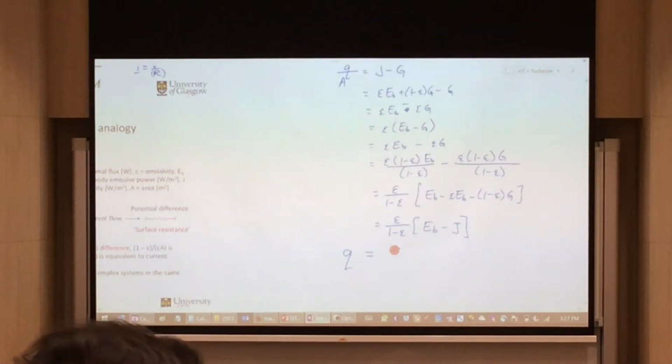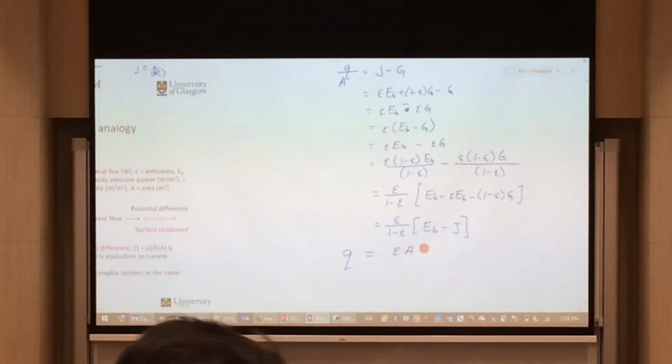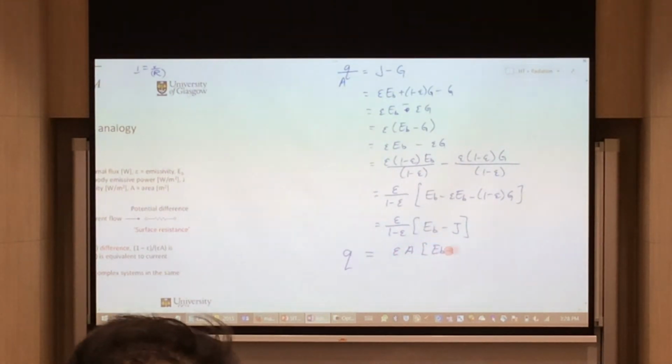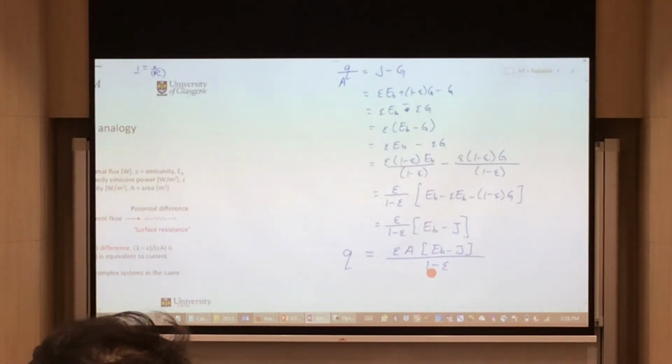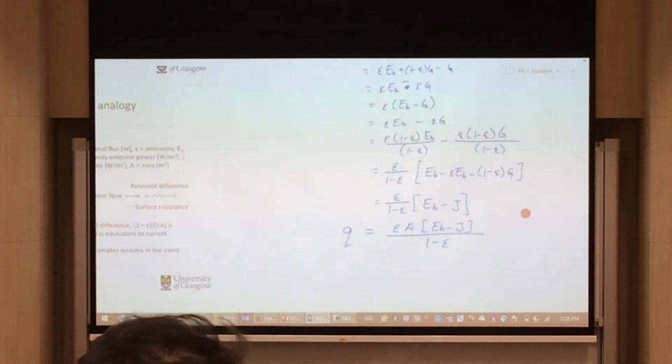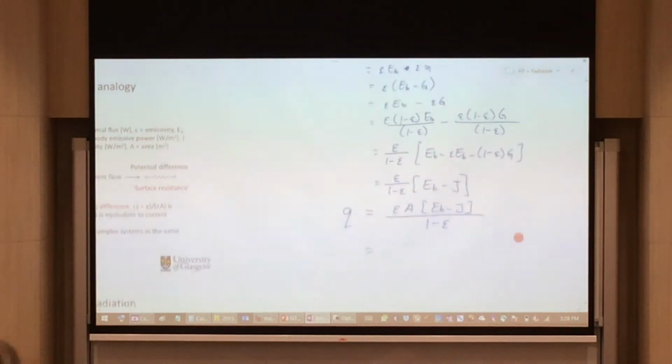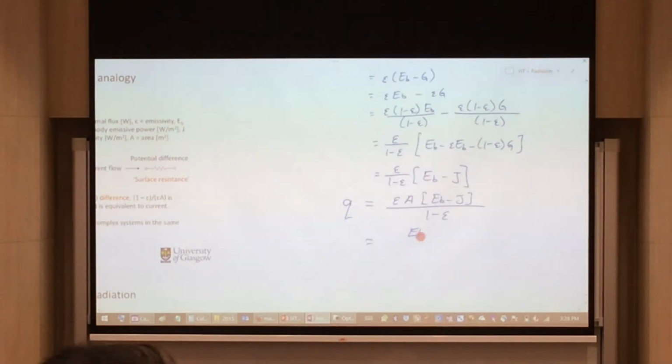Q equal to epsilon A, EB minus J divided by 1 minus epsilon. So I could bring that numerator to the bottom. That will be EB minus J divided by 1 minus epsilon divided by epsilon A.